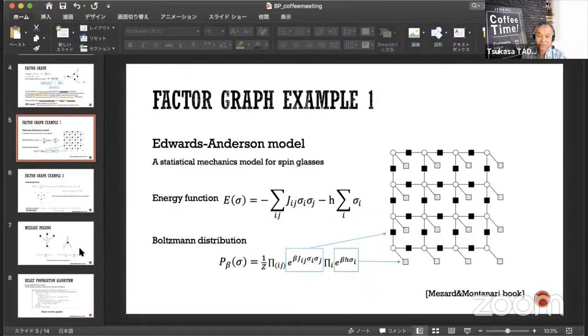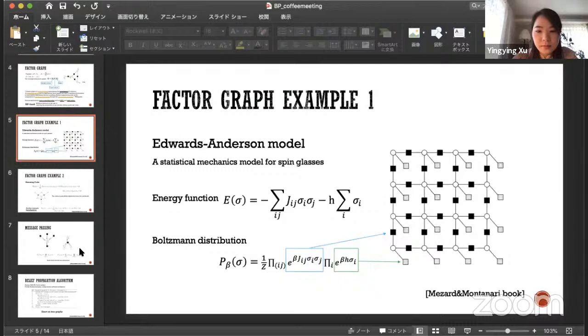We have snapshots of those spin configurations, and there's a technique to read out the physical quantities and estimate some scaling law.